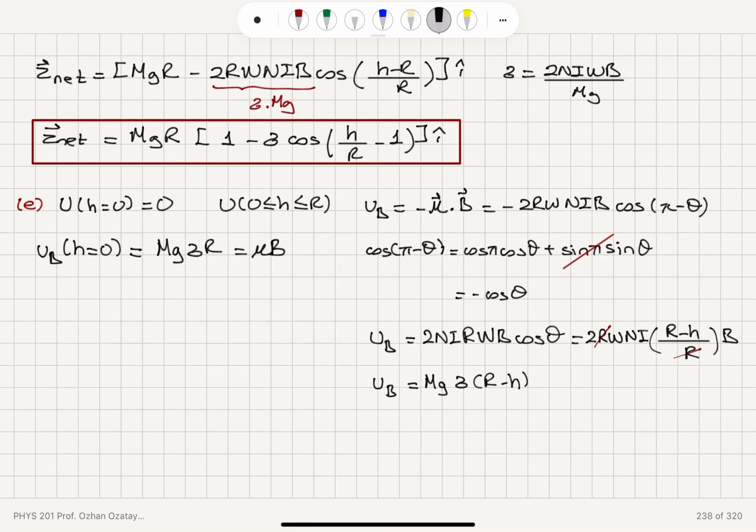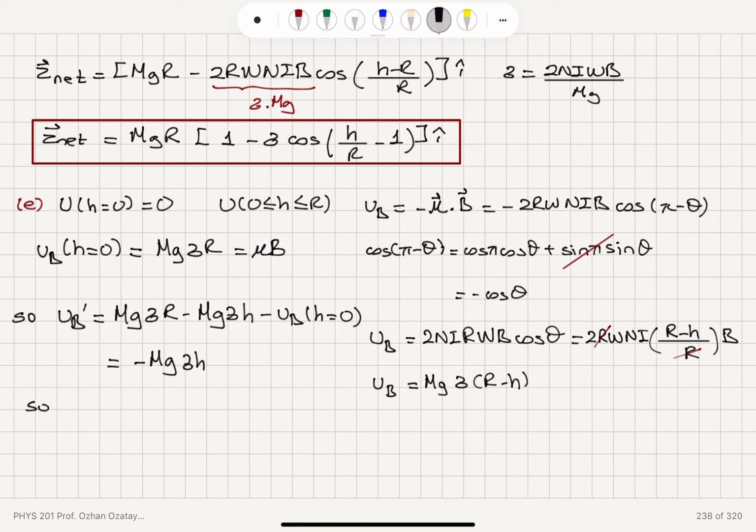So redefining my potential energy with respect to H equals 0, UB prime, new definition, it is mg sigma capital R minus mg sigma capital H, that's this potential energy, minus the potential energy at 0, UB at H equal to 0, and that is equal to mg sigma R. So this new potential energy now becomes minus mg sigma H, because this and this will cancel.